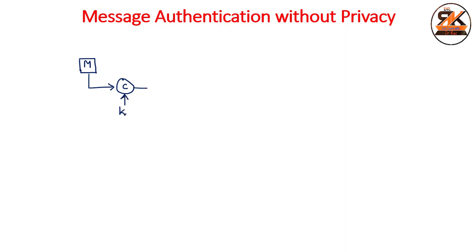The output of this function is C of K over this plaintext M, and this is similar to the encryption function.